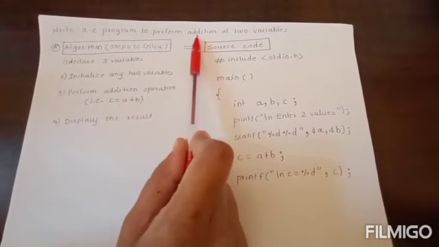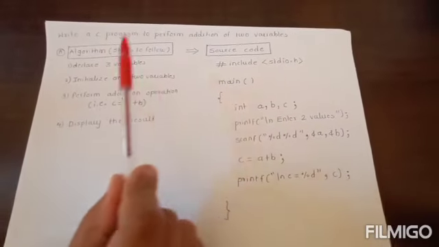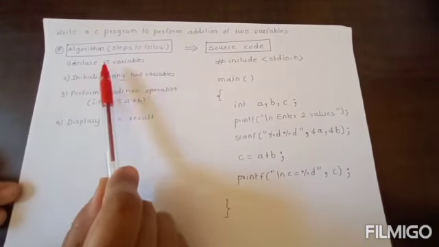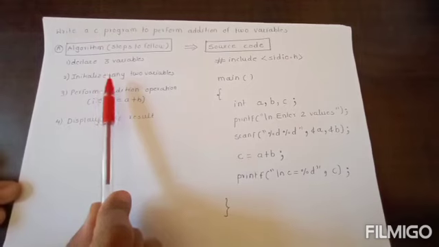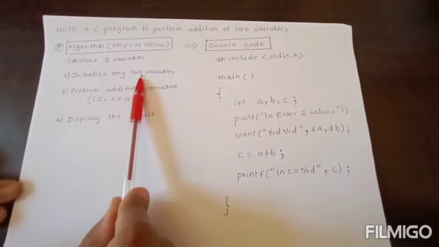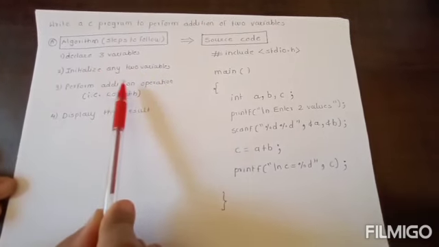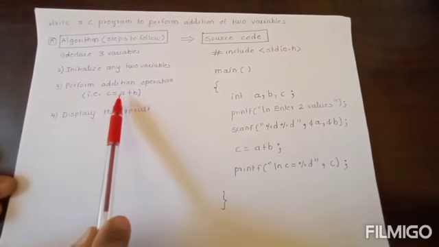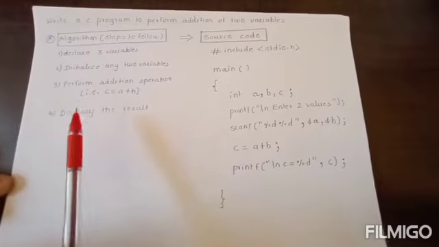If I want to perform addition of two variables, my first step would be to declare three variables. Then I initialize two variables with any value. Then I perform the addition operation, and after performing this operation I display the result.